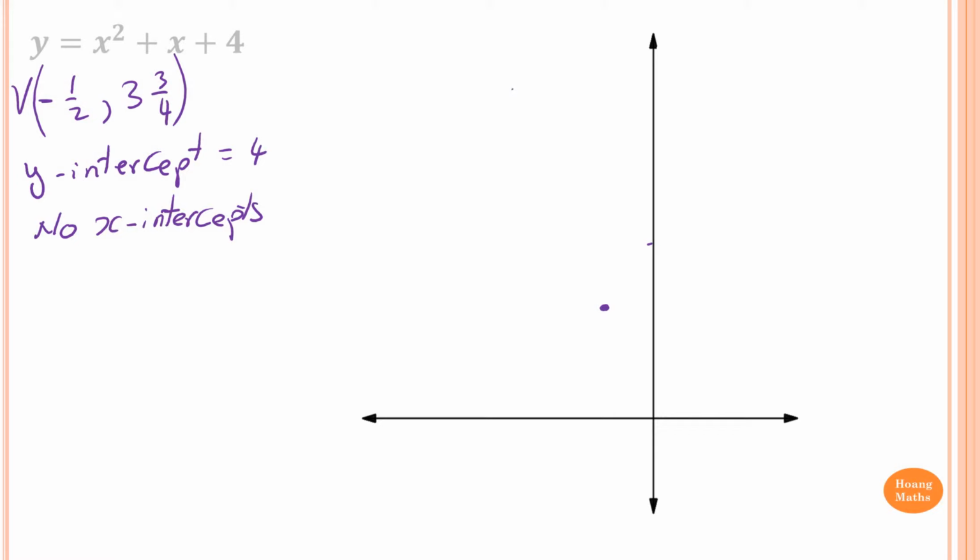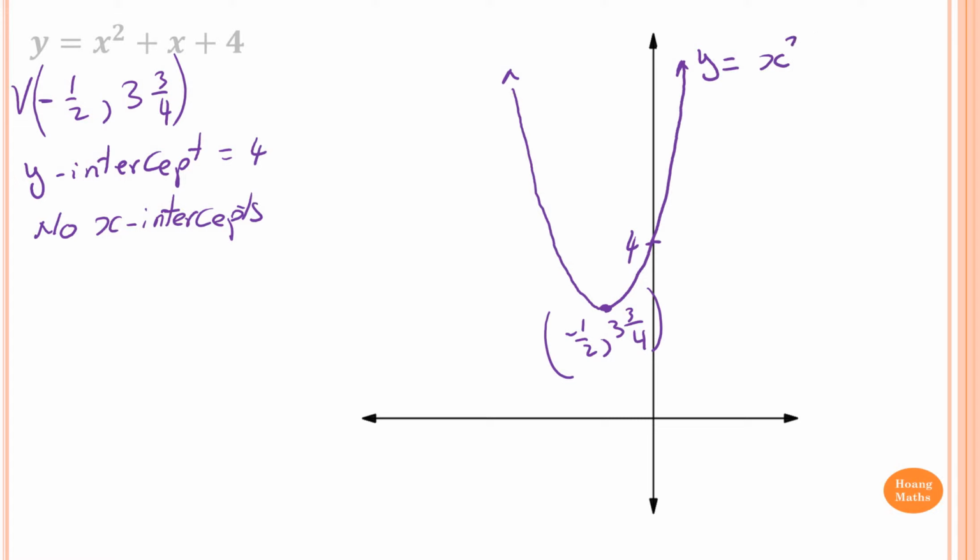Just connect to the point and then turn. There you go. So this is the turning point, which is minus a half, 3 3/4, and this is 4 here. So y is equal to x squared plus x plus 4.